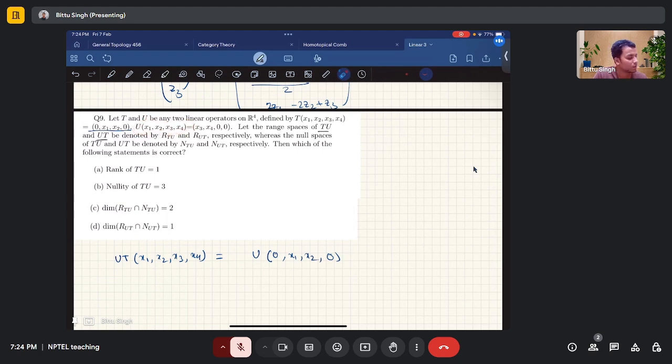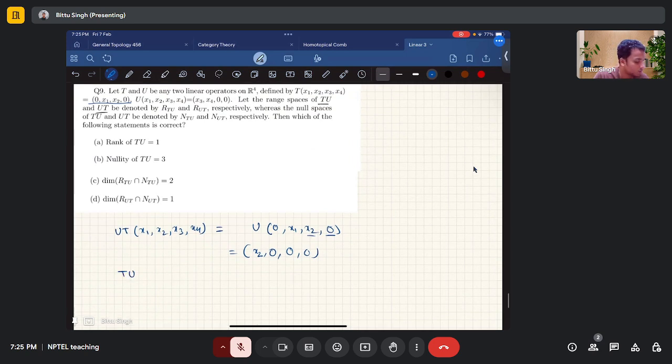You are just taking this x3, x4 in the first and second place. So here x3 means this, x4 means this. So this becomes applying this in the first place, and the last will be in the second place, and others are 0 by definition of U.